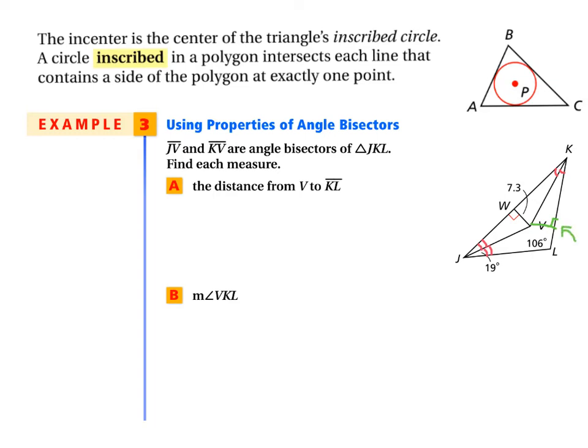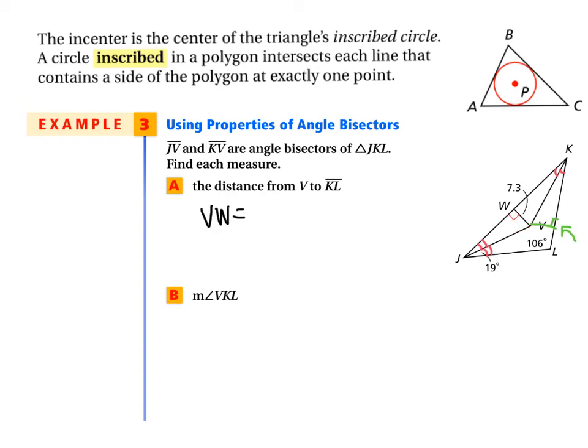So what do we notice? Well, we could write this down, that V is the incenter, and by the incenter theorem, we know that VW would have to be equal to all of the other segments formed by the incenter. So let's look at our picture.